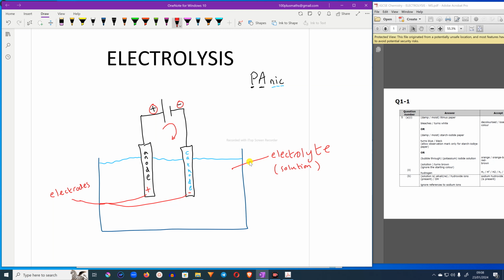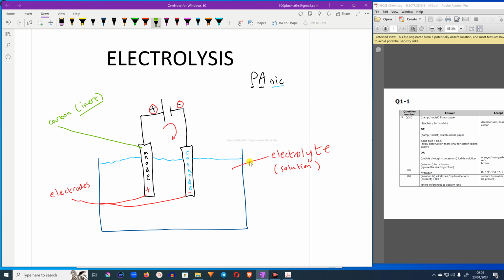We're going to pass electricity through them. And they're normally made out of carbon or something unreactive, or you'll see all these words going up.